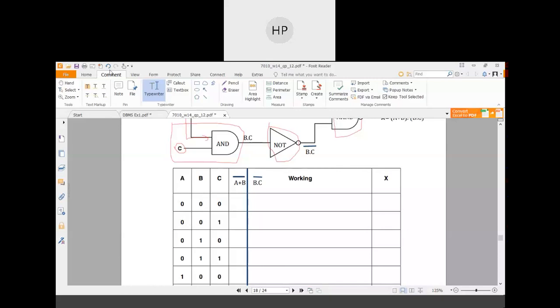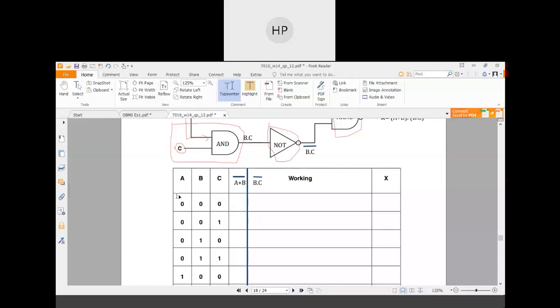Okay. Now what you need to do is first add these two values, A plus B. The value of A in the first row is 0. The value of B in the first row is also 0. So 0 plus 0 becomes 0.